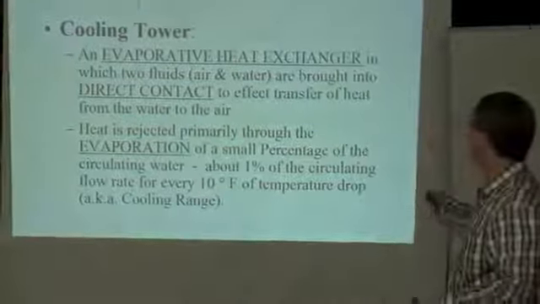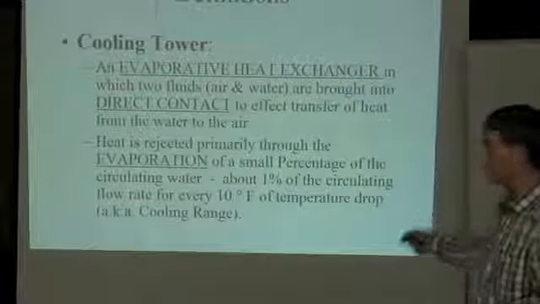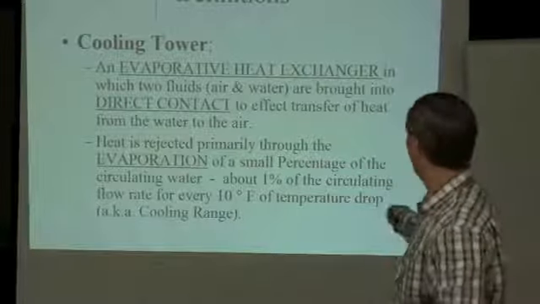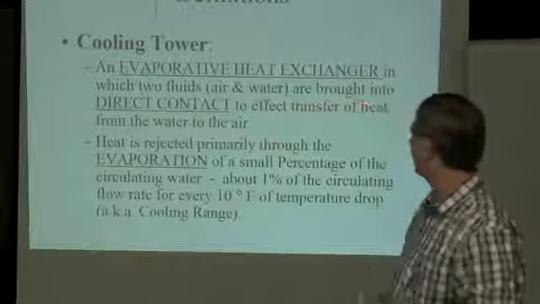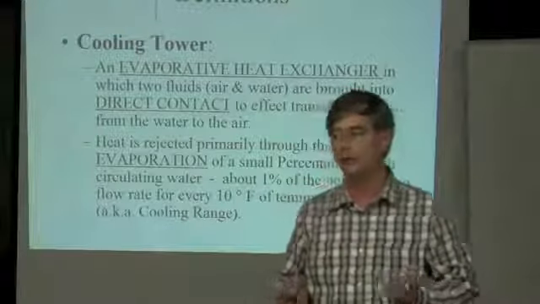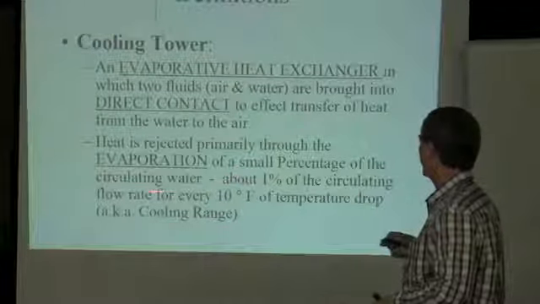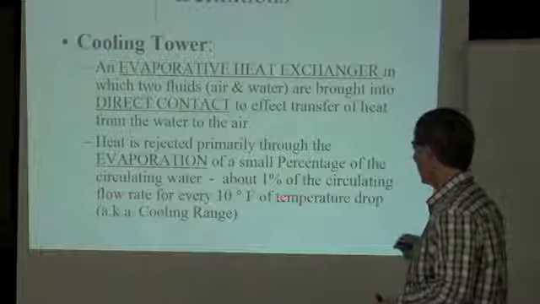Definitions: you're mixing air and water, bringing them into direct contact to transfer the heat from the water to the air. And again, it does that through evaporation. Now, you will have some water loss.